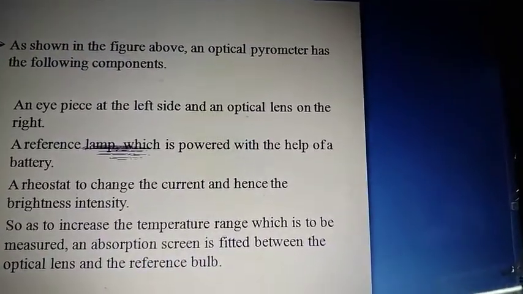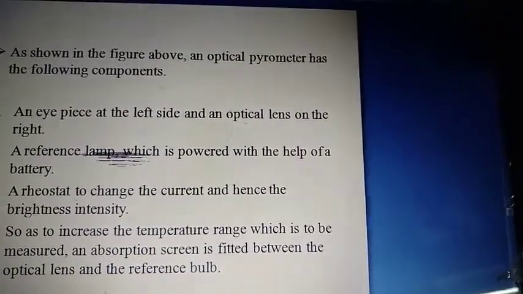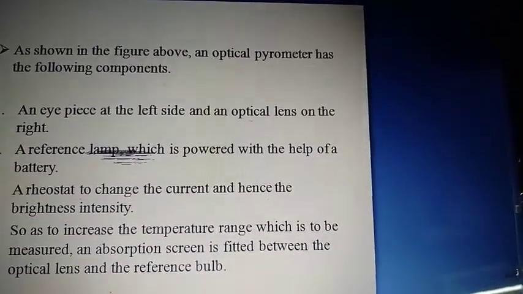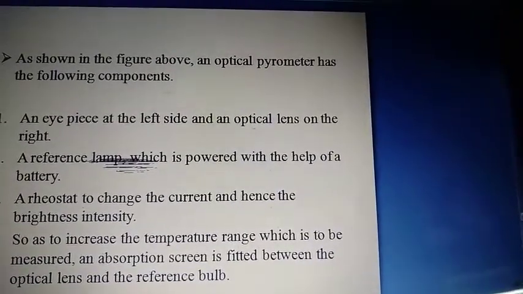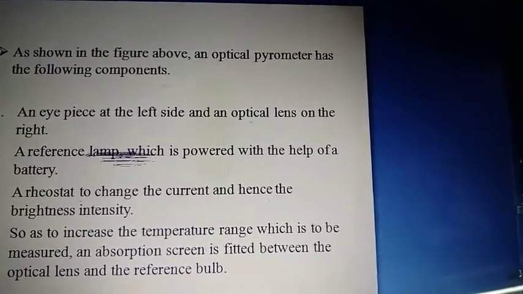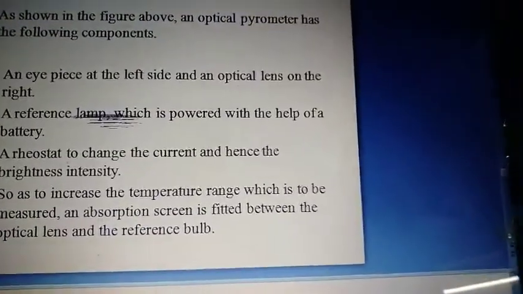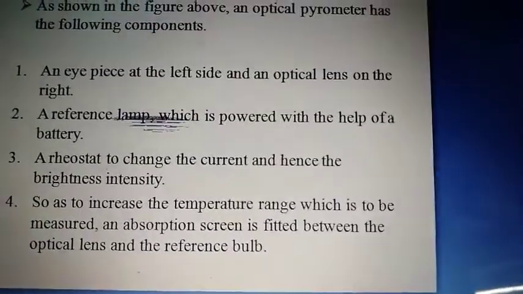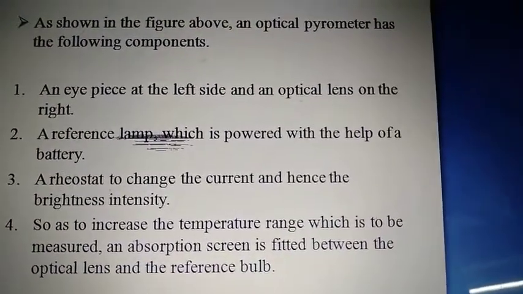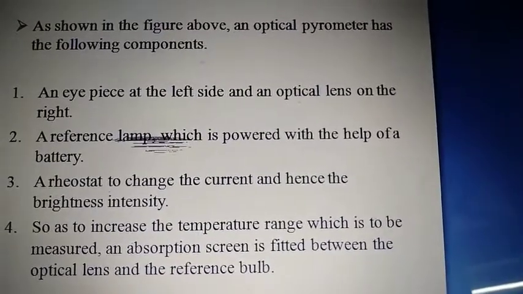Here a rheostat is used to change the current, hence the brightness intensity changes by adjusting the rheostat. This is how the temperature focused on the radiation zone is measured through the voltage directly. To increase the temperature range to be measured, a screen is fitted between the optical lens and the reference bulb.